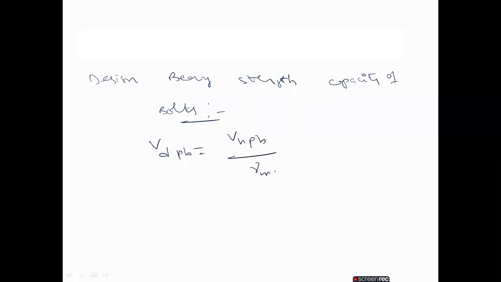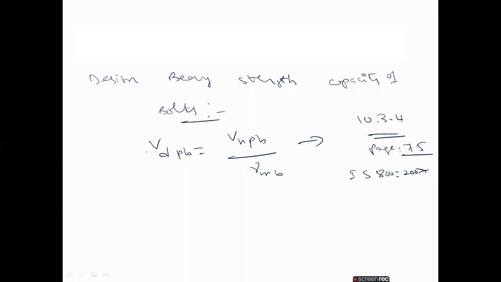Next, the design bearing strength capacity of the bolt. How we will calculate it: there is a formula V_dpb equal to V_npb by gamma_mb. This is available in clause number 10.3.4 on page number 75 of the IS 800-2007 code book.